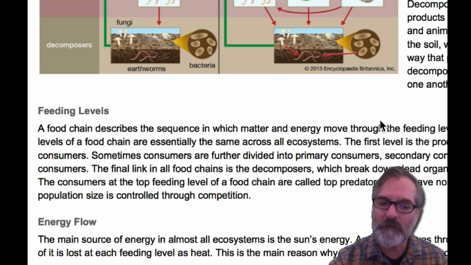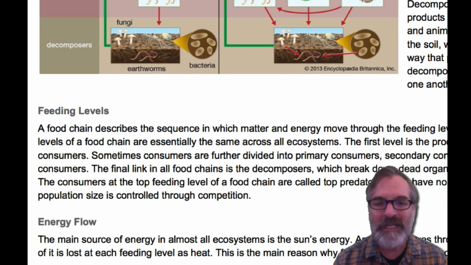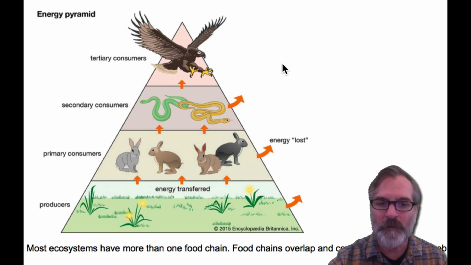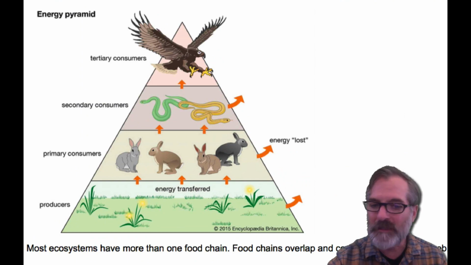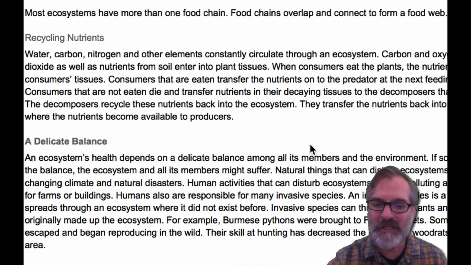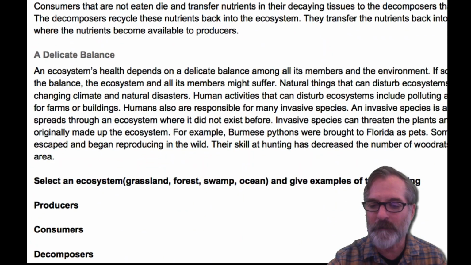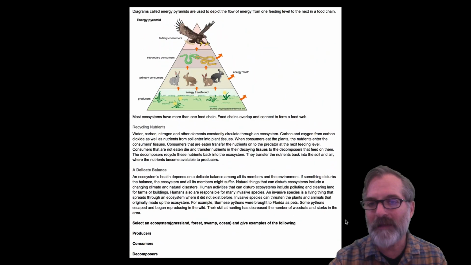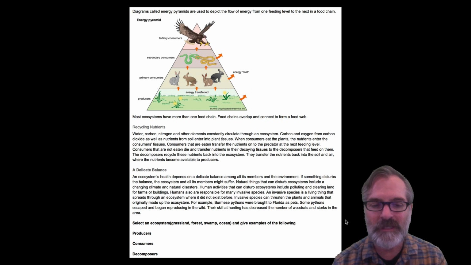Then the article talks about some feeding levels and then the energy flow. I'm going to go over this in greater detail in just a moment. And then lastly, it ends with energy pyramids, recycling nutrients, the delicate balance, and some vocabulary. So again, hopefully you've read that and you've annotated that article.